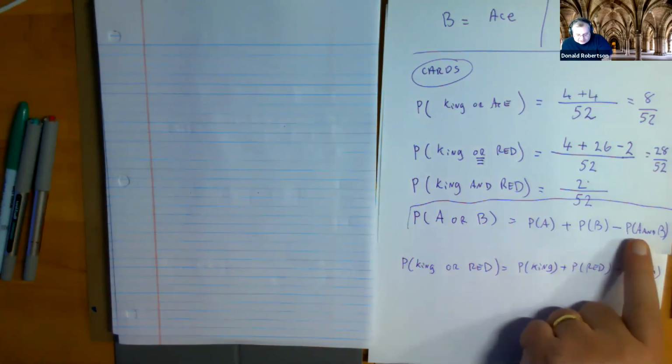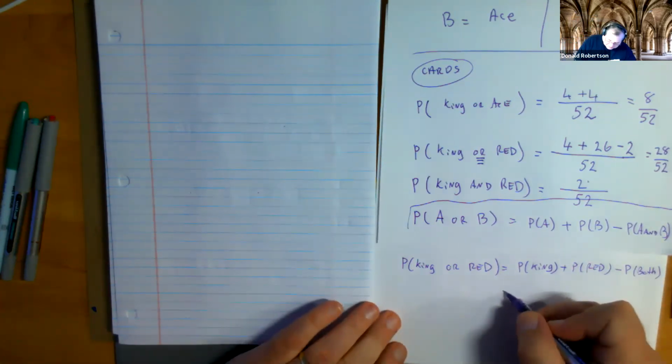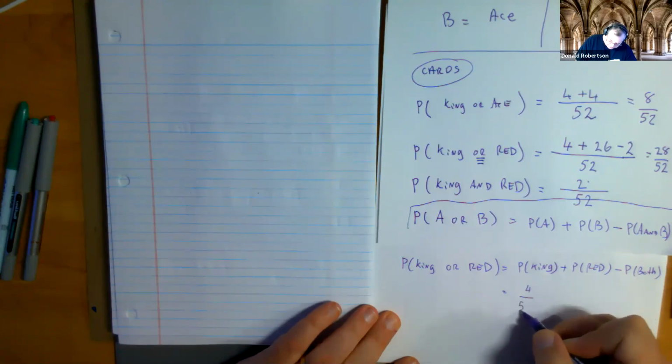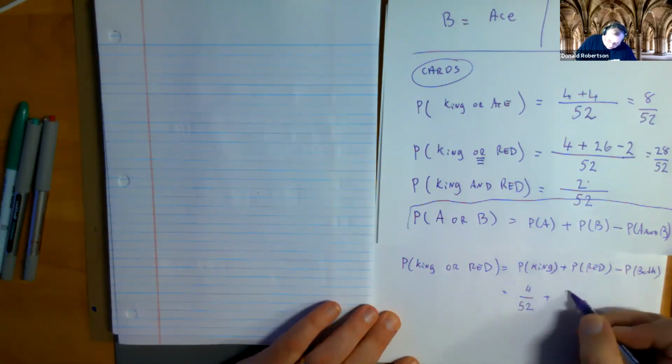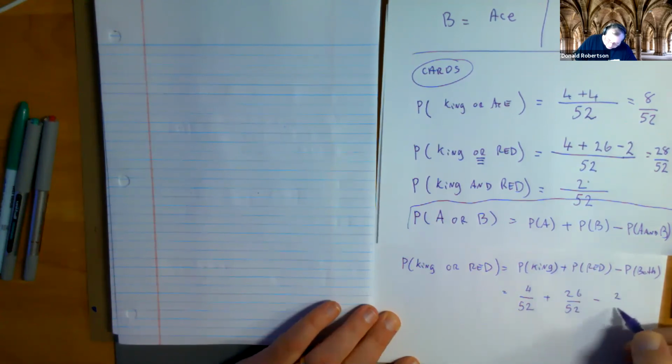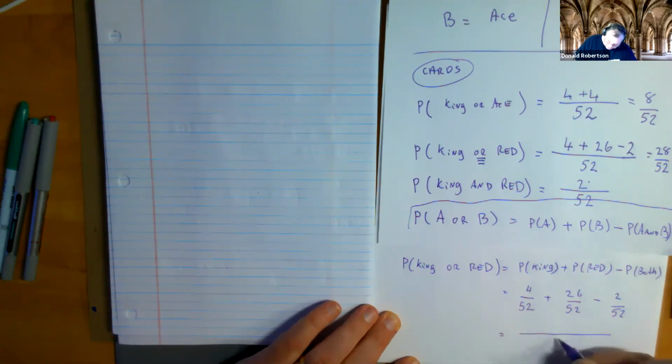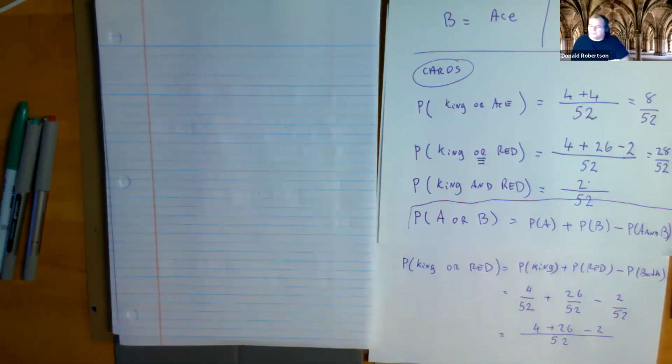What I really should be saying is king and red. Now, there are 4 kings out of 52. There are 26 reds out of 52. And there are 2 cards that are red kings. And when you stick them all together, because they share the same common denominator, do you see that we now get that calculation I had earlier?